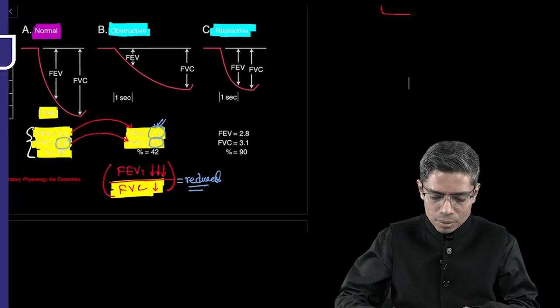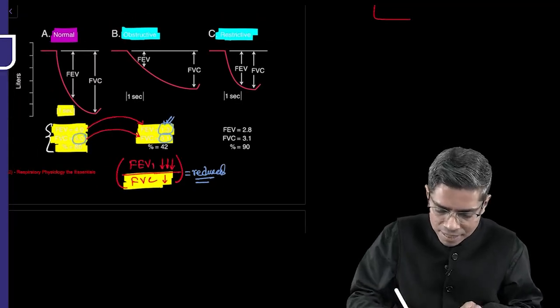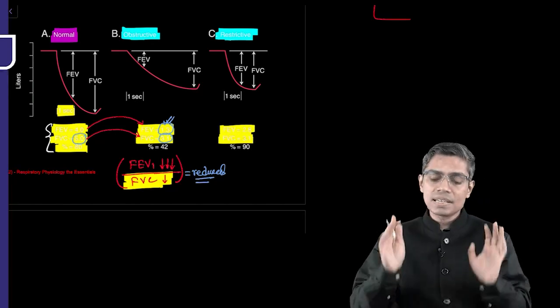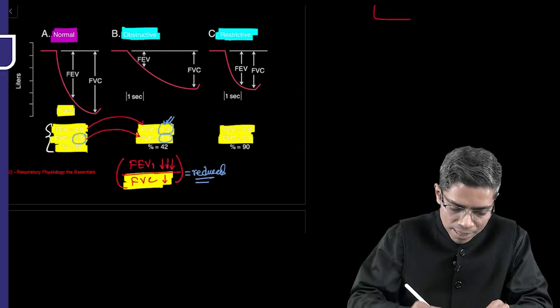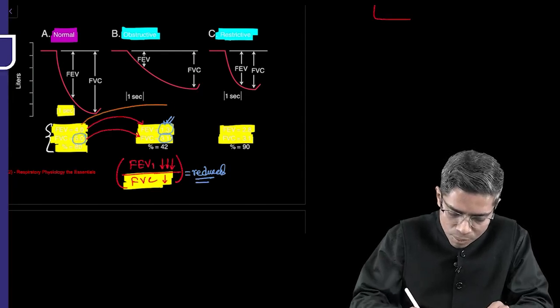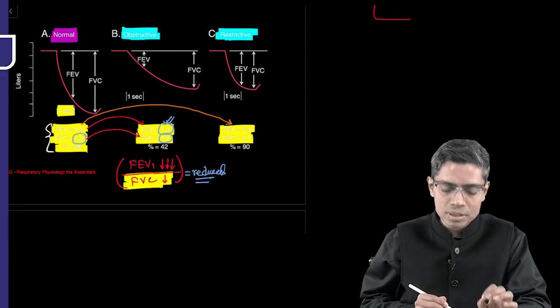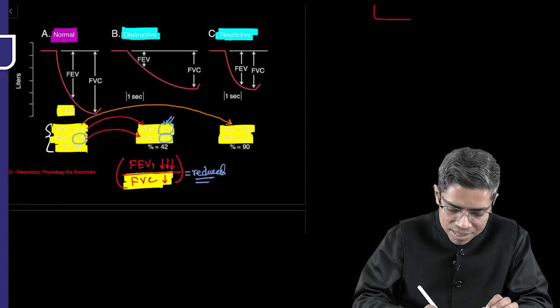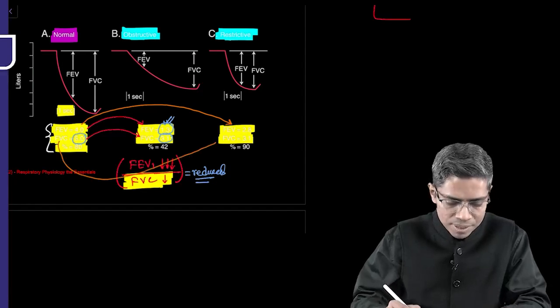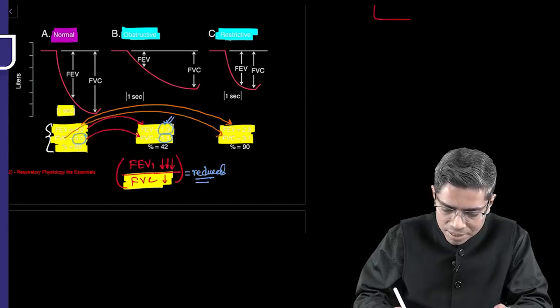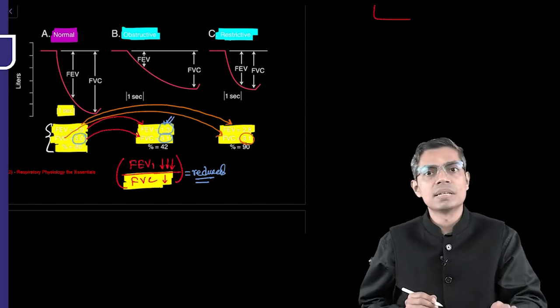But if I look at the restrictive disease here, again the FEV1 is also reduced, FVC is also lesser than normal. But if I look at FEV1, it is reduced from 4 liter to 2.8 liter, not that much. But FVC has been reduced from 5 liter to only 3.1 liter.